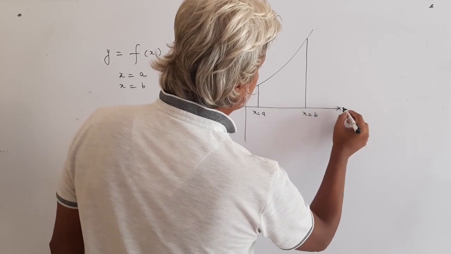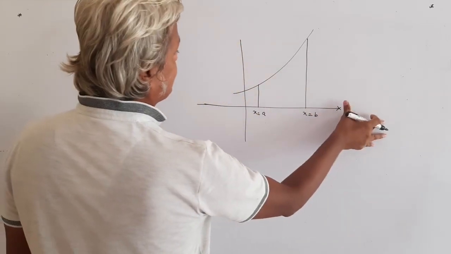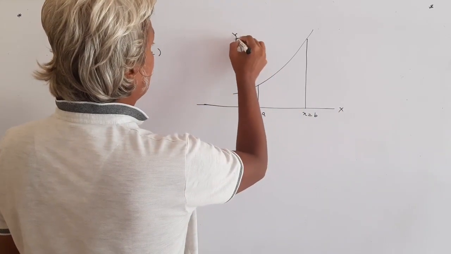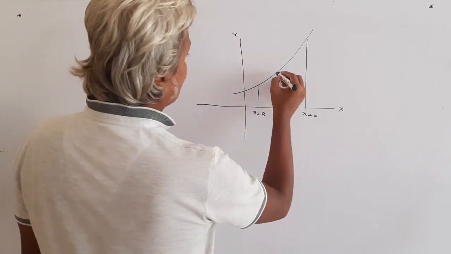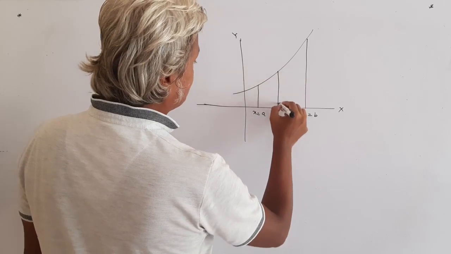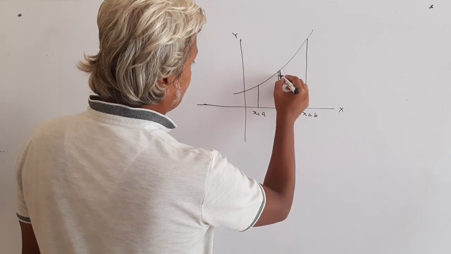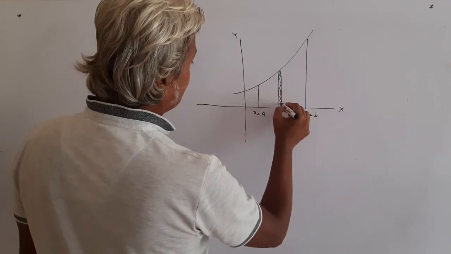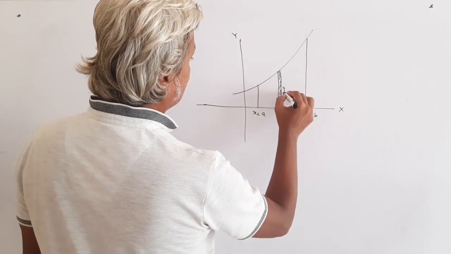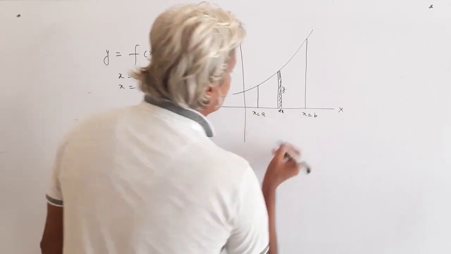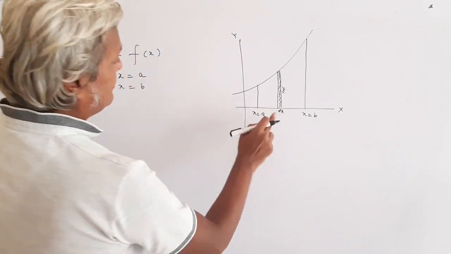This is my x-axis, this is my y-axis, and here I take one strip. Assume that this strip is y units long and its width is just dx. So what will be the area?